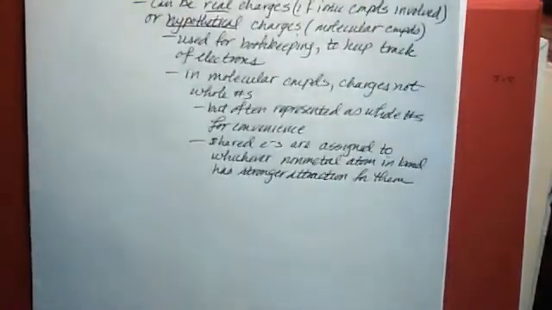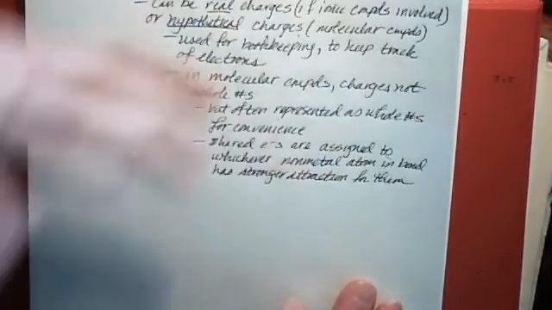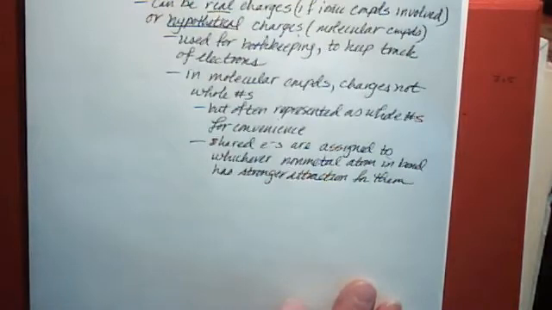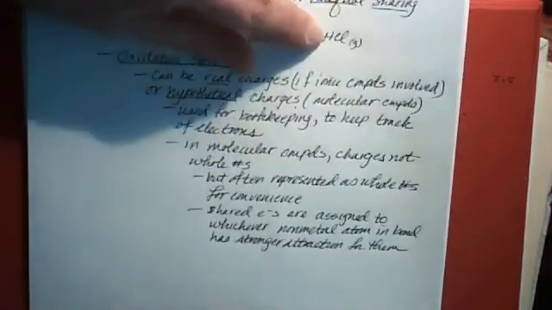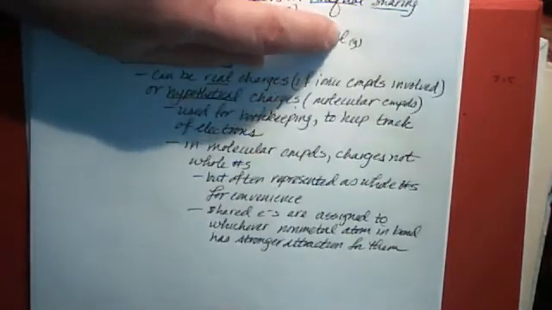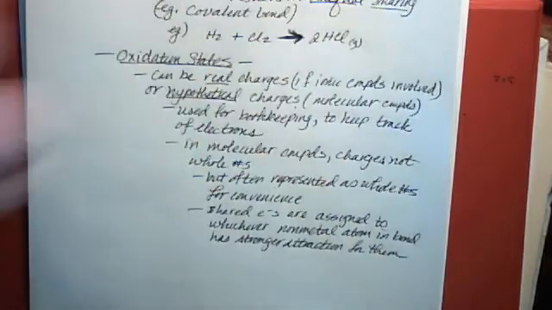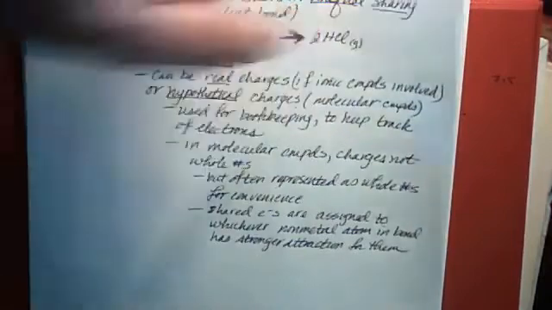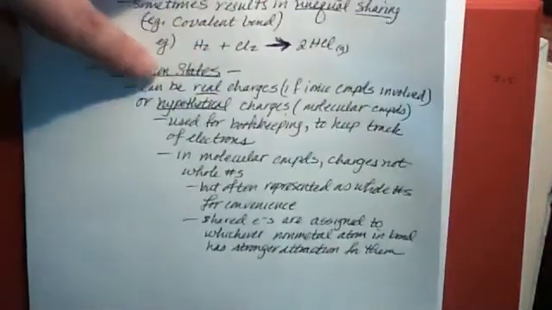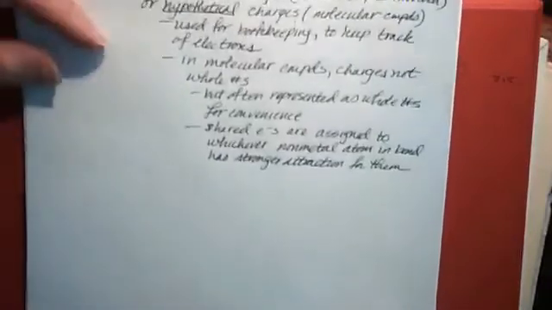Okay, so we're basically in a situation where we assume or we act as if the compound is ionic, even though we realize that it isn't. So in the case of HCl, we would assign the hydrogen an oxidation state of +1 and the chlorine an oxidation state of -1, even though we know that this is not an ionic compound. And when it's in the gas state, not dissolved in water, it's not actually ionized. Okay, so we just assign full charges for convenience.